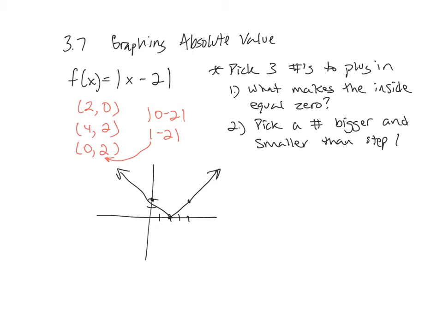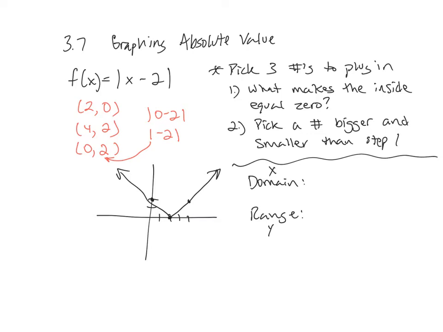Alright, so you're going to have to graph some, and then it's going to ask for the domain and the range. Remember the domain is x values, range is y values. So what it's really saying is, what are all the possible x values for this problem?